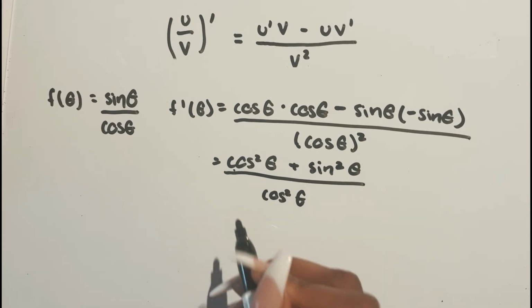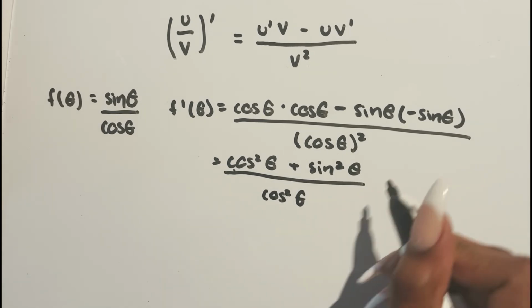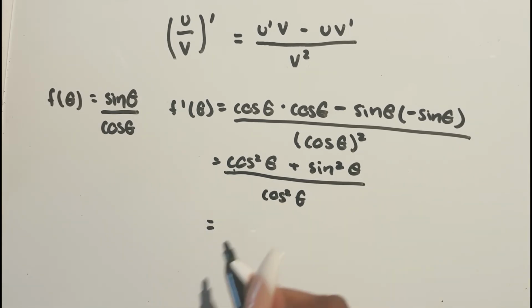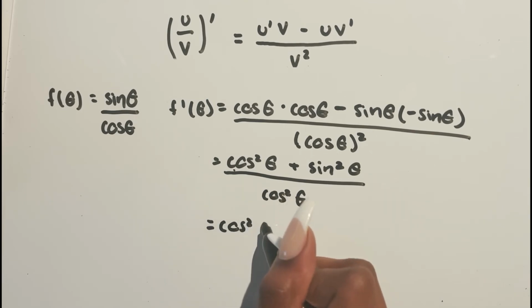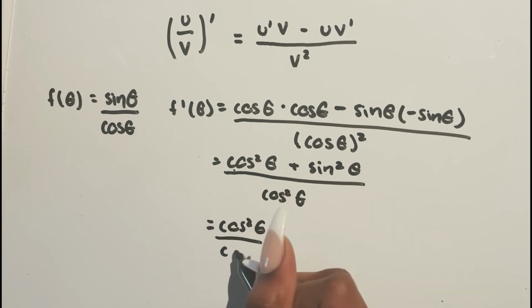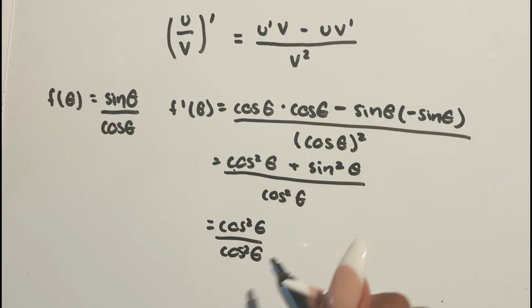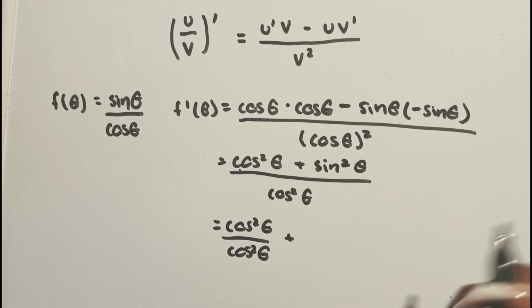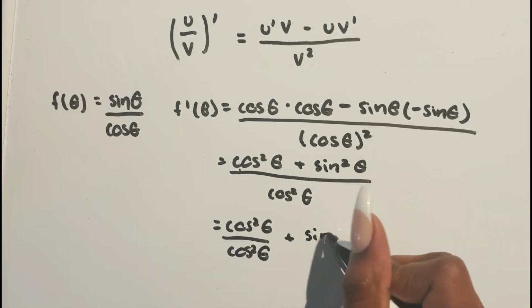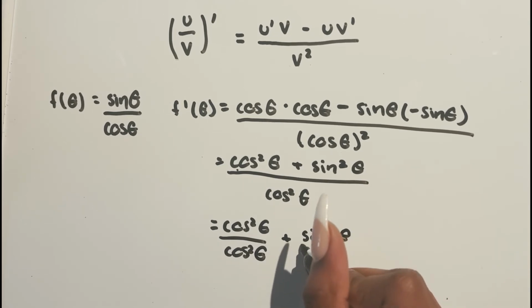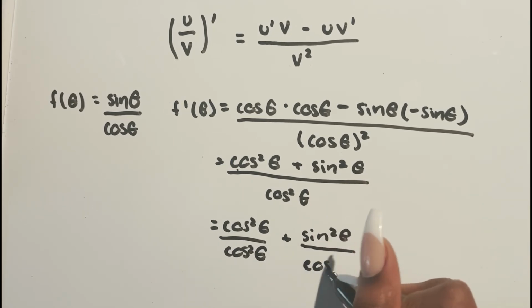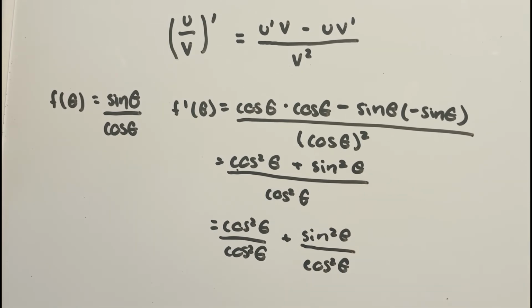Now let's rewrite this. Let's split this up and rewrite it as cosine squared theta over cosine squared theta plus sine squared theta over cosine squared of theta.